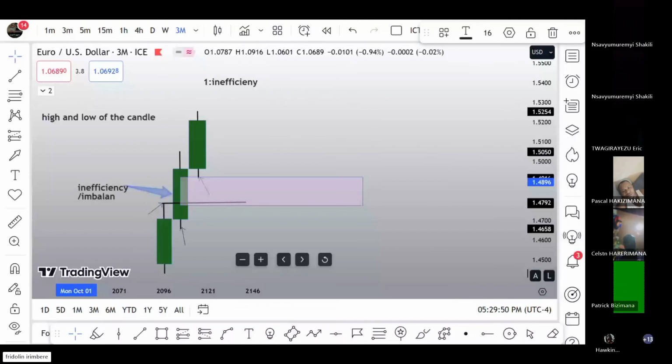Ni ukuvuga iki? Ibi bishatse kuvuga iki? Bishatse kuvuga ko nta munsi wa rimwe price izagenda itagarutse kuzuza ino area yo ngaha.